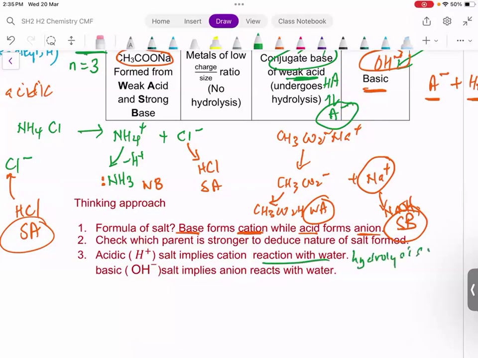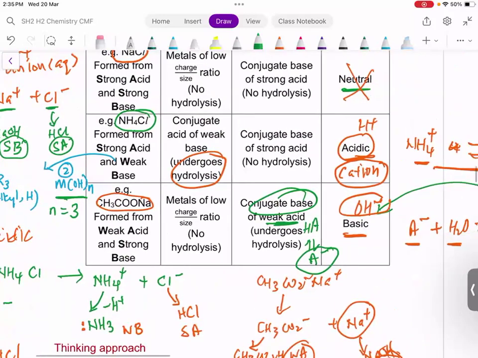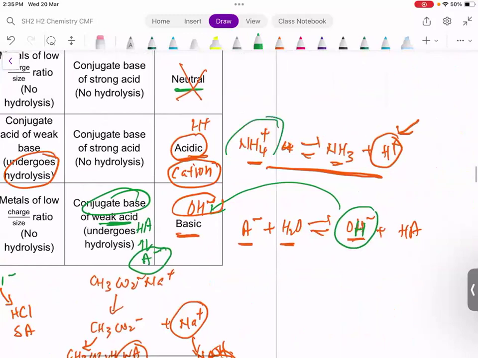After you have identified the parents, you know the nature of the salt, acidic salt or basic salt. If it's an acidic salt, then the cation must undergo hydrolysis. If it's an alkaline salt, then the anion must undergo hydrolysis.